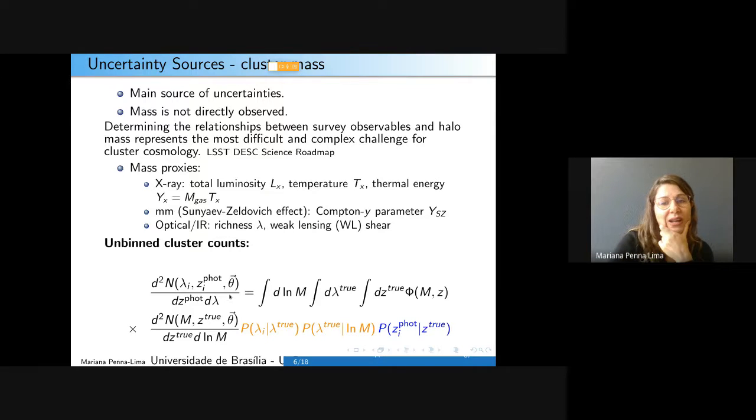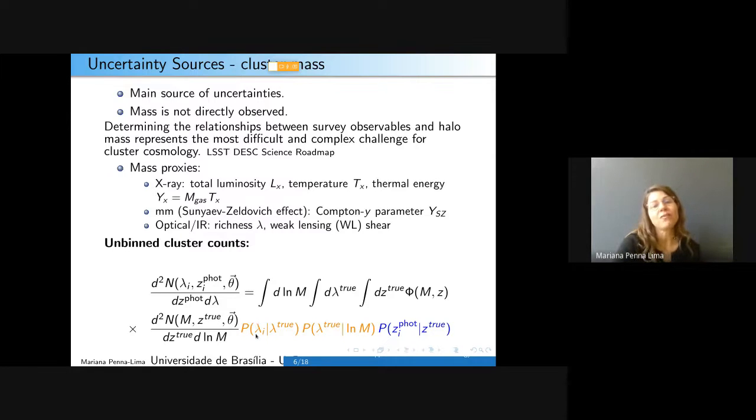So here is how we can relate the number density of dark matter halos with the number density of galaxy clusters. And we have to take into account the distribution, for example, of the photometric redshift, given the true redshift. We have to take into account the probability distribution of the richness given the true mass of the dark matter halos.